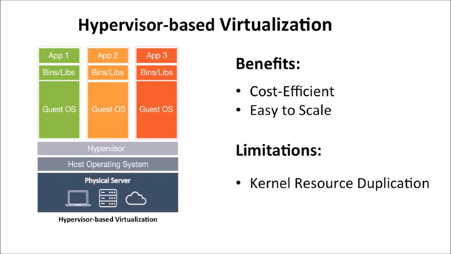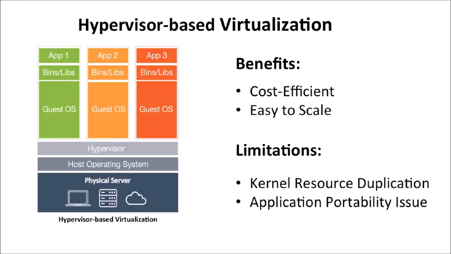For example, here we have 3 guest operating systems and 3 kernels. Even though they can be 3 different kernels, we're still replicating a lot of the core functionality of Linux. In this traditional hypervisor-based virtualization model, we have to have an entire operating system there simply to run our application, which is still inefficient.